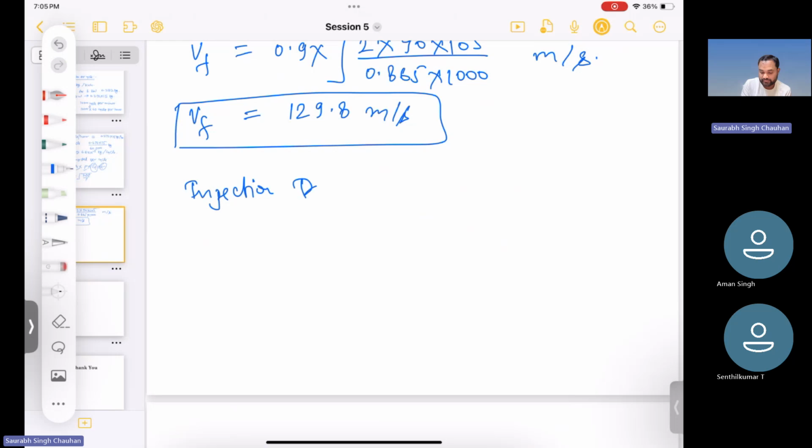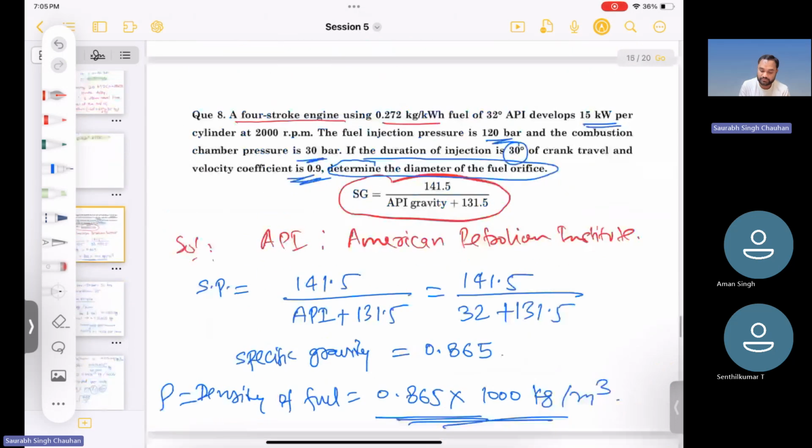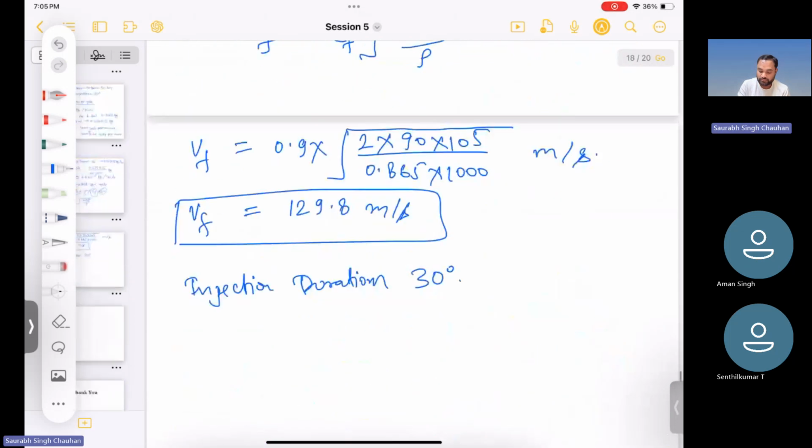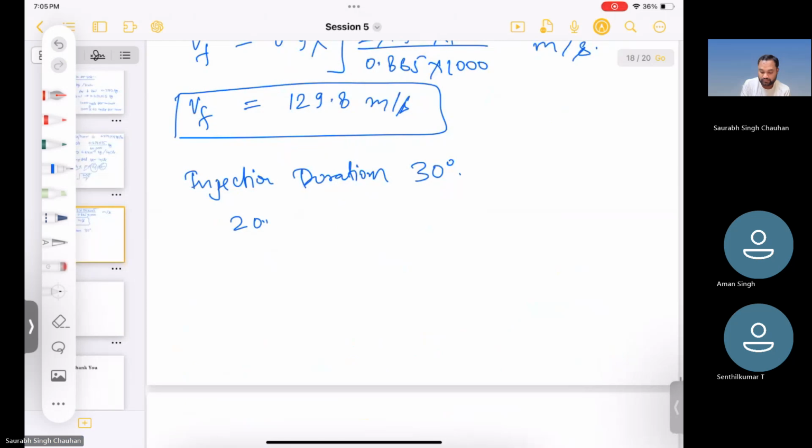Injection duration is given in CAD. Engine speed is how much? 2000 RPM.